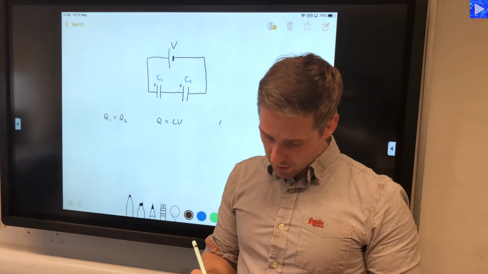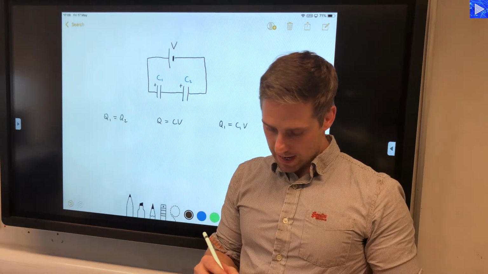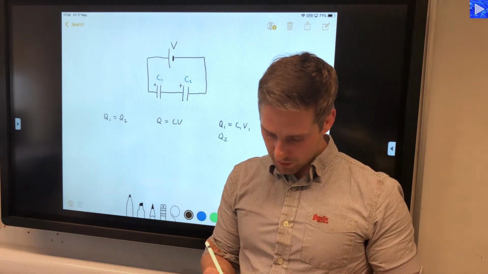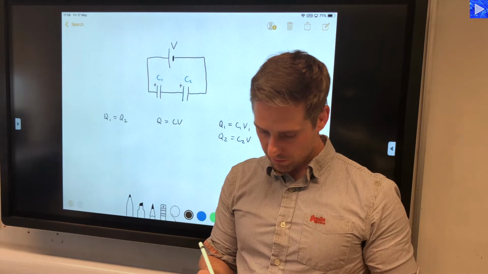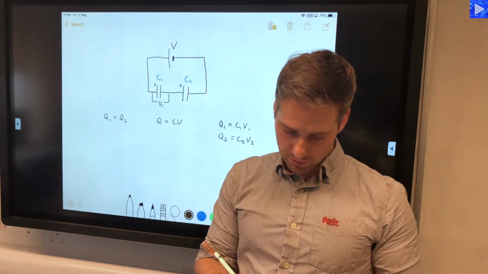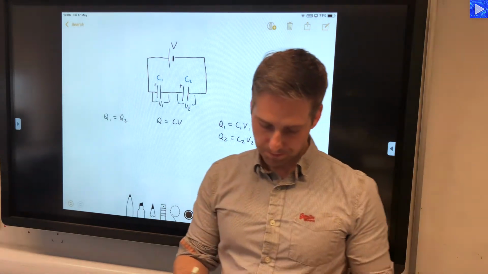So Q1 is going to equal C1 V1, and Q2 will equal C2 V2, where V1 is the voltage across capacitor 1, V2 is the voltage across capacitor 2.